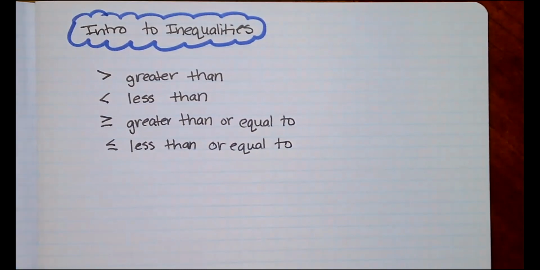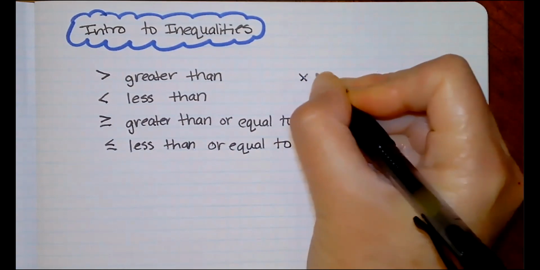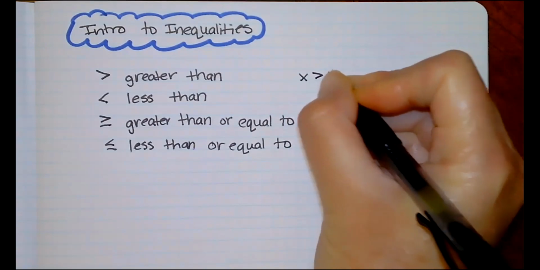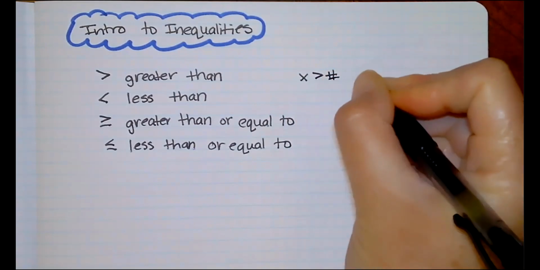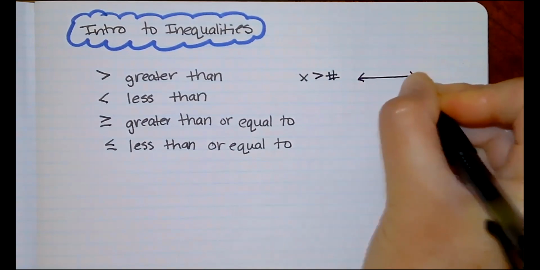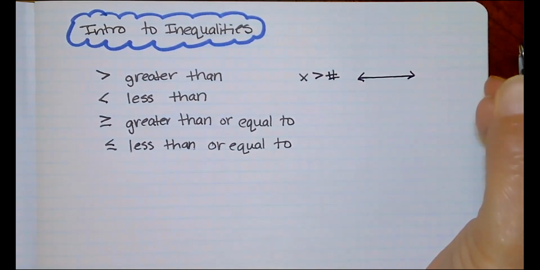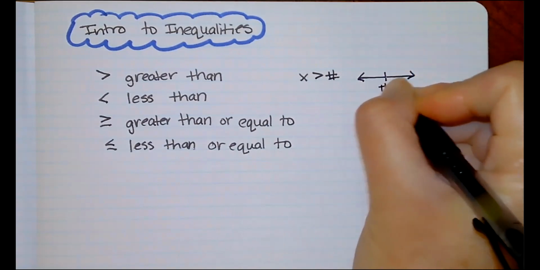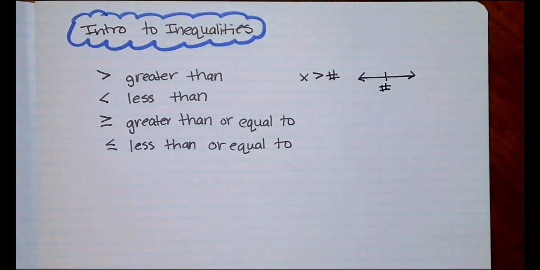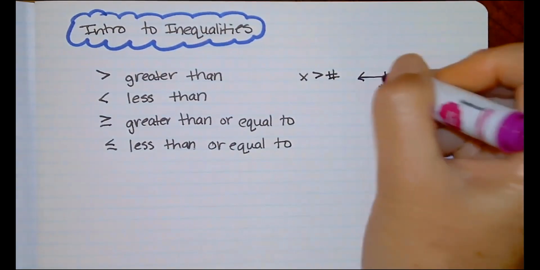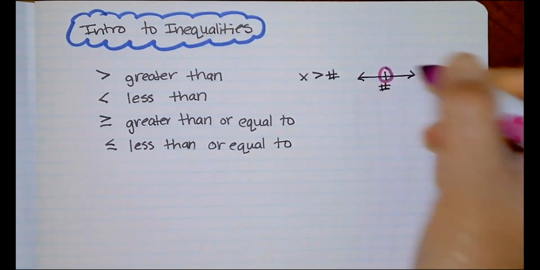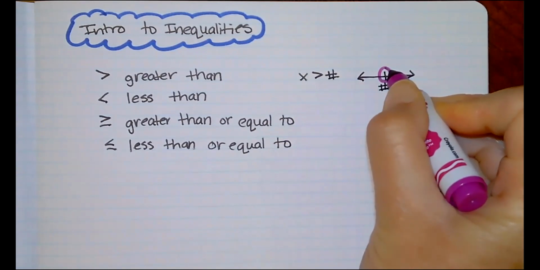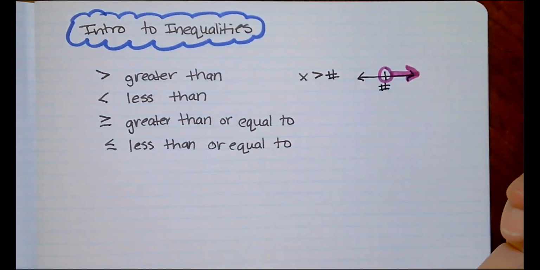So if you have a situation where you have x is greater than some number, what's going to happen is on your number line, you're going to have that number and you're going to have an open circle because we're not going to be including that number. And if it's greater than, it means we want everything bigger, and that's going to be to the right.